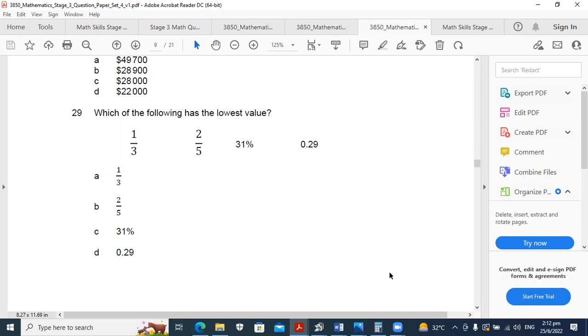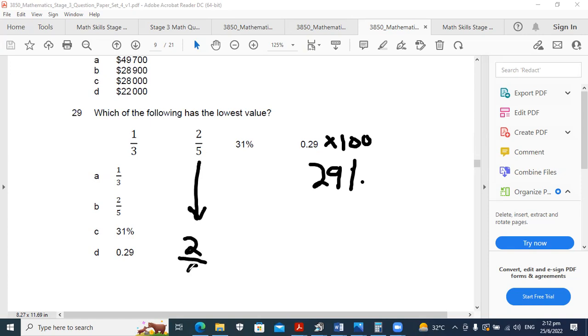To find the percentage of anything, we just times it by 100. For example, this one, if I times by 100, because it has 2 zeros, the point will go 2 places to the right. So this is just 29%. All right, so we have 31%, we have 29%. This now, 2/5, how do you convert that to a percentage?